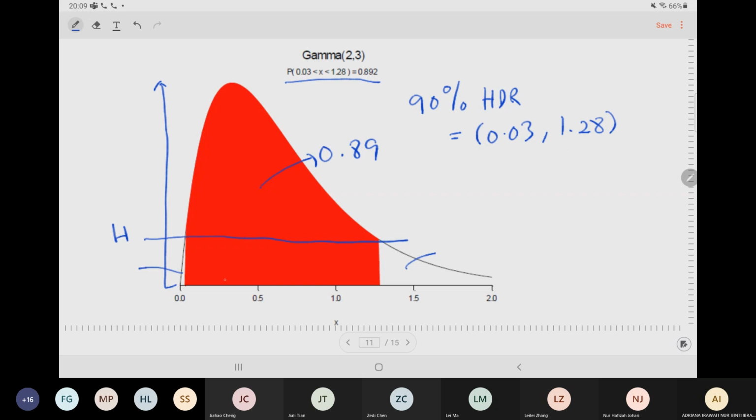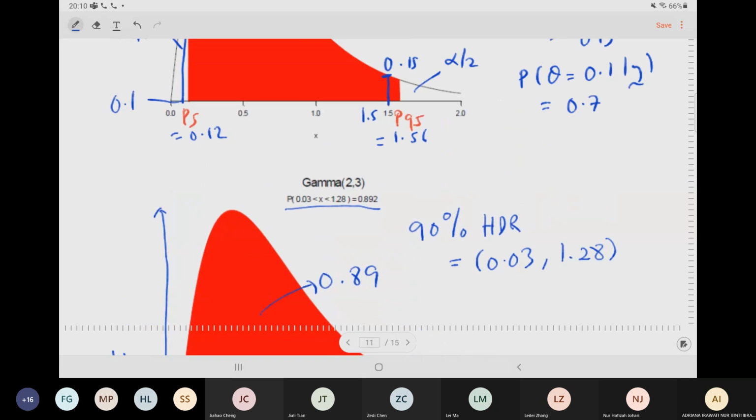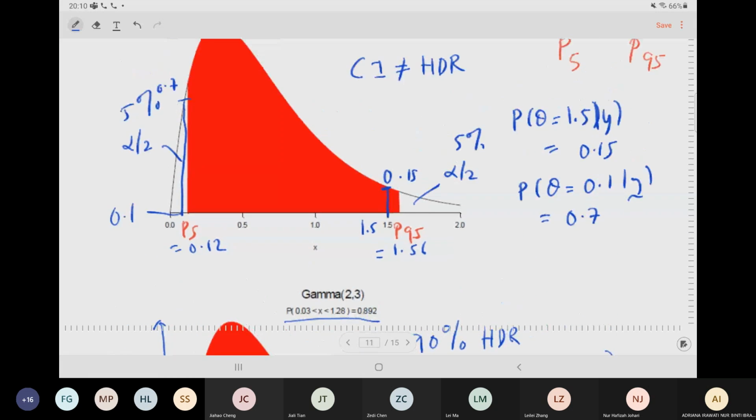So you have to adjust, go up the height, to the left, to the right, and adjust the height. Then only can you get approximately 90%. But the important part here is the height of the white part should never be higher than the height in the red region, which you can see from the example here, from the CI here.